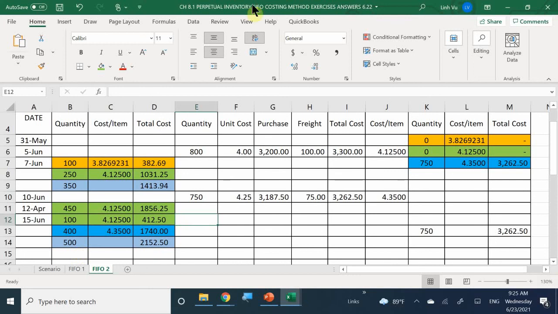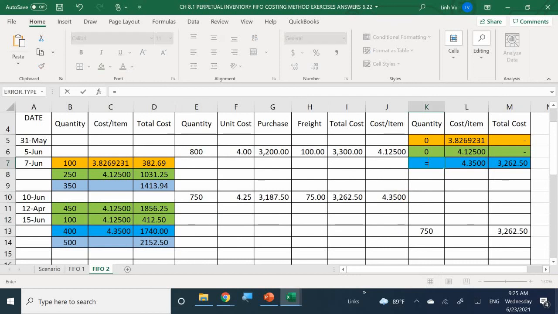Because I have 400 less. So what is 750 minus 400? 350. And we get $1,522.50 remaining. All right. Good so far?